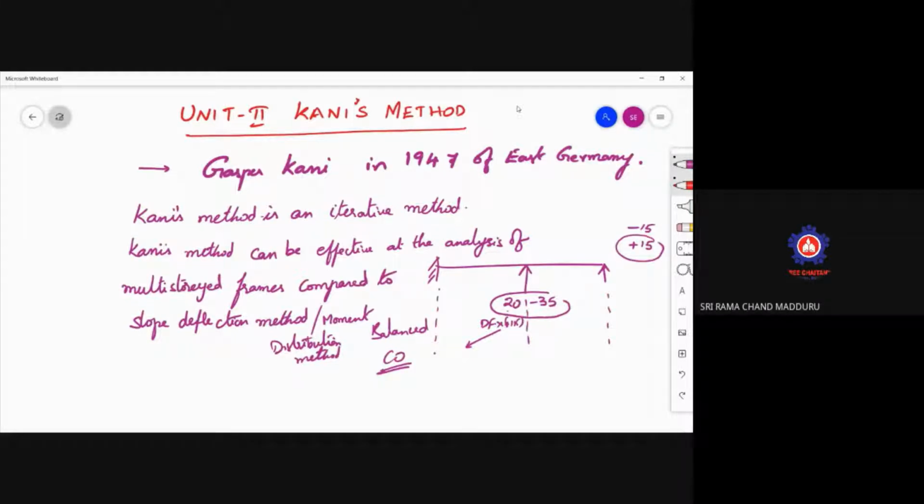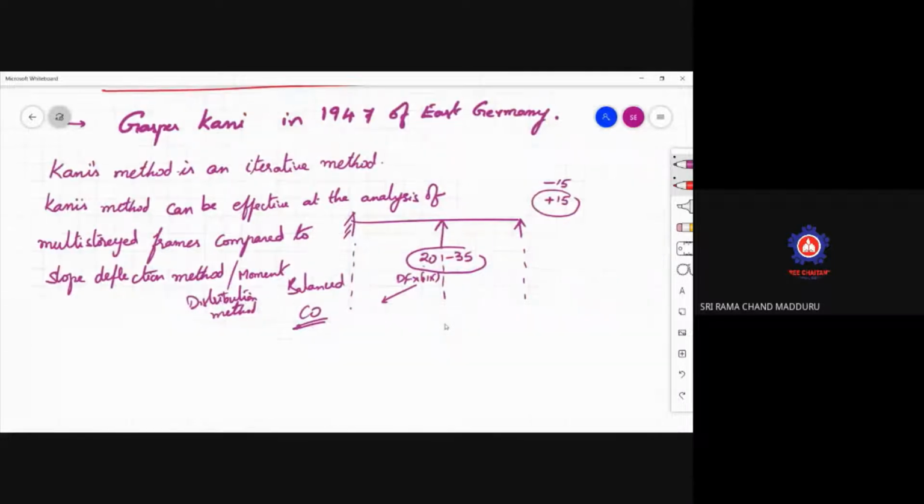In the previous analysis, we considered only single-storied, single-bay frames. That means we considered the analysis of a frame like this, which has one beam and two columns. But in real buildings, you can see that there will be a series of frames.